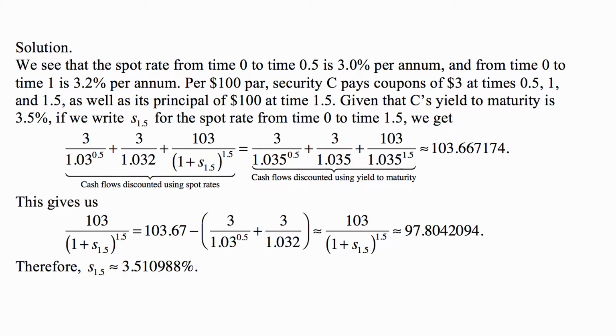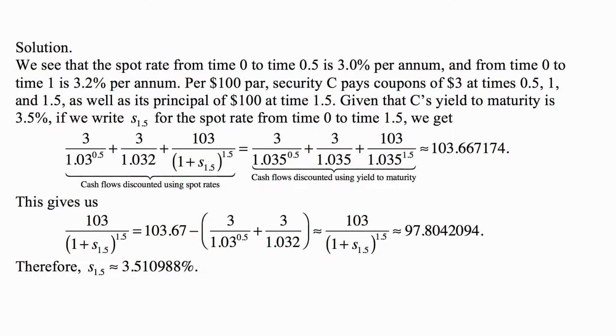Given that C's yield to maturity is 3.5%, if we write S1.5 for the spot rate from time 0 to time 1.5, annual effective rate, we get the cash flows on the left-hand side. We discount the cash flows using spot rates applicable for the times of the payments of cash flows. So the rate for 0.5 years for the first payment of 3, the rate for 1 year for the second payment of 3.